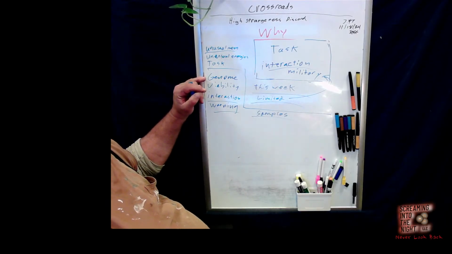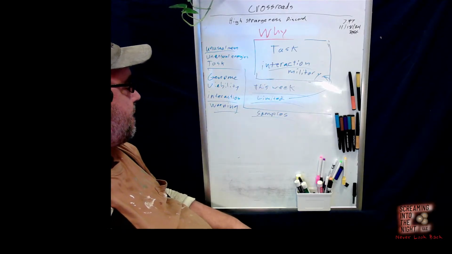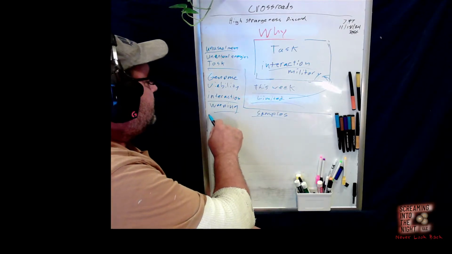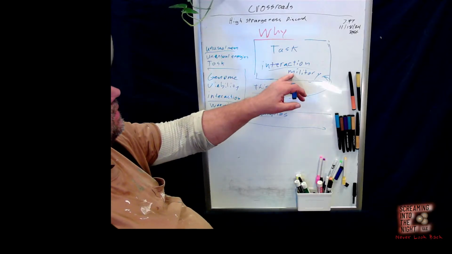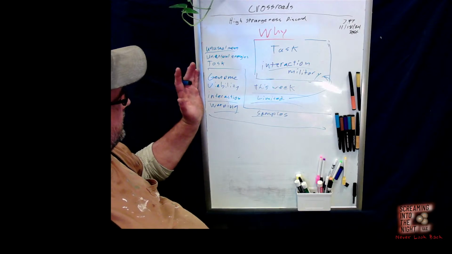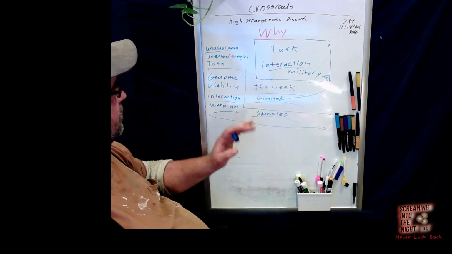So let's see. Yeah, you guys can see it. Okay, genome viability, interaction, and warning in samples. I'm gonna let these guys handle it. They got this under control. I don't understand why the genome viability, interaction, or warning is here.